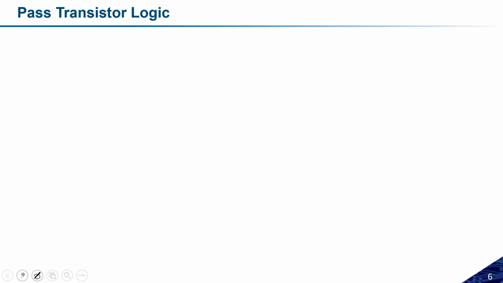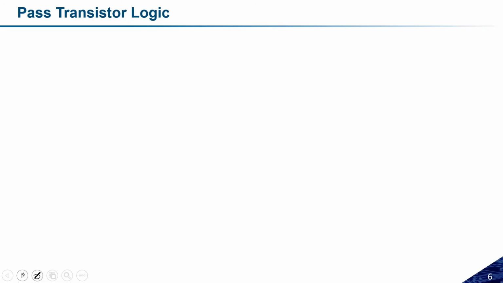Whereas the CMOS based structure and the ratioed logic require the supply voltage and the ground to operate the circuit. Let me repeat it again, this is really very important.